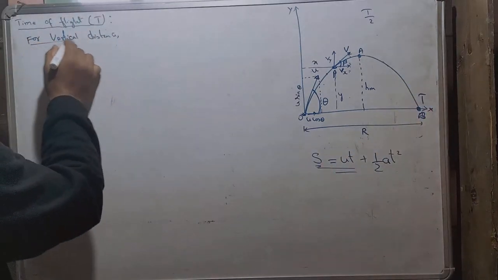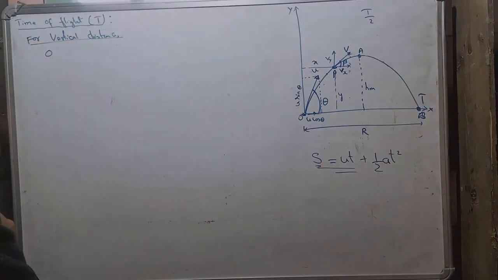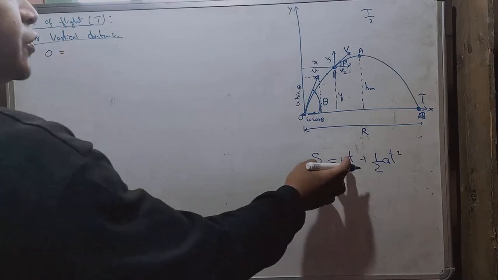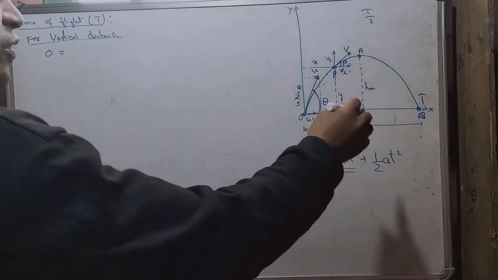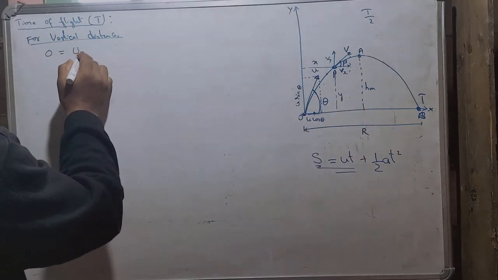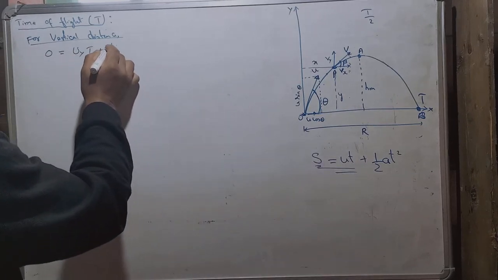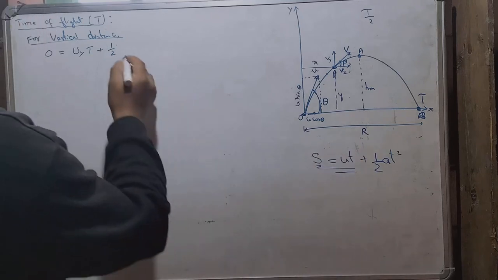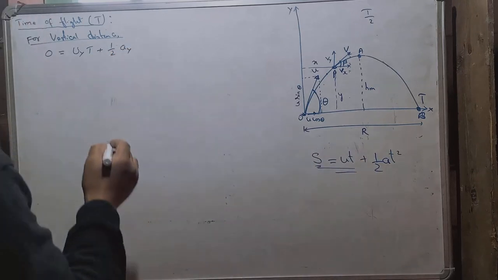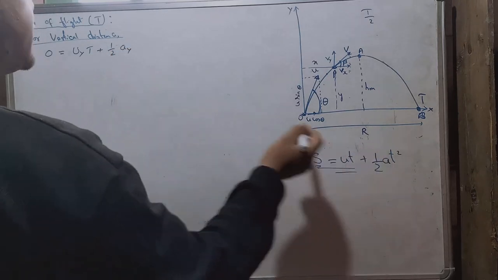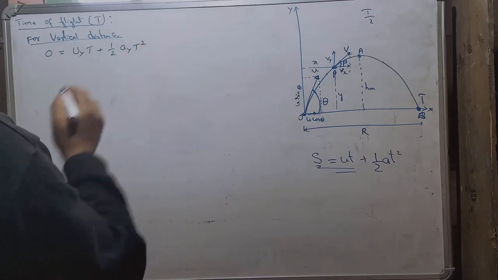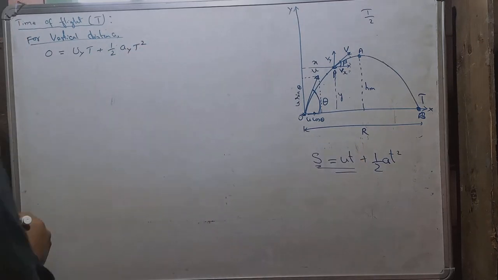It is equal to 0. It is equal to u, because we are talking here about vertical, so you mean Uy, times the time of flight, plus half of the acceleration along vertical, that is Ay, and instead of small t, we write capital T.